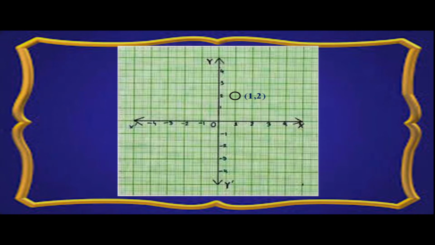When x is minus 1, y is minus 2. And when x is minus 2, y is minus 4. Thus, we have 3 solutions and 3 points. If we join these, what do we get? We get a straight line. That straight line passes through the origin.